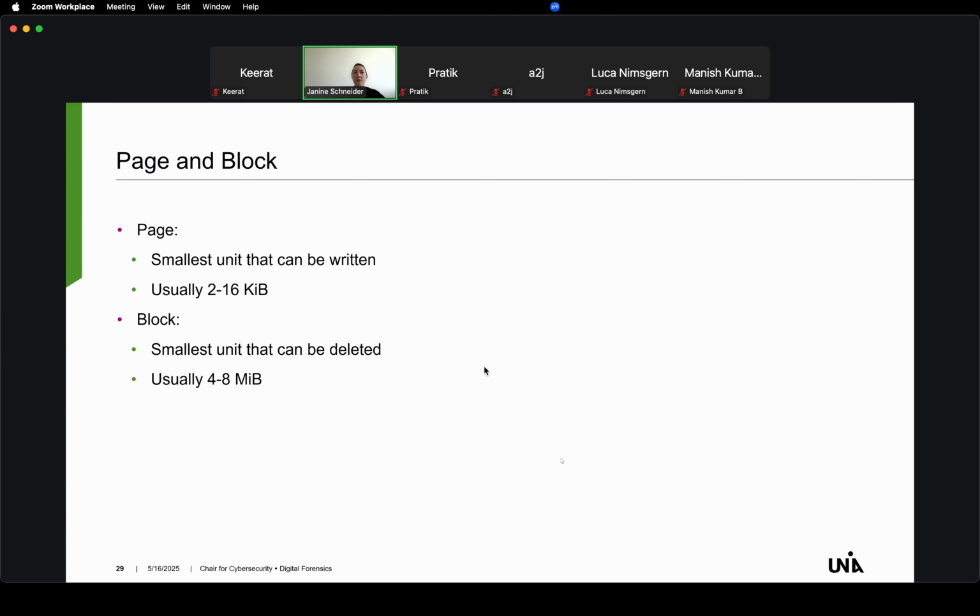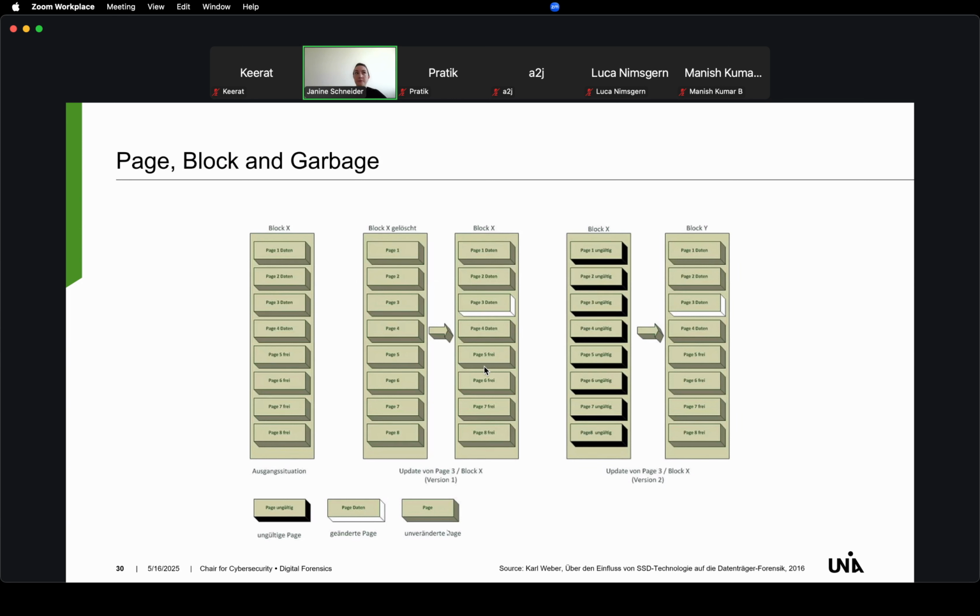And there are 4 strategies for dealing with these write and erase processes on SSDs. Here you can see one strategy.